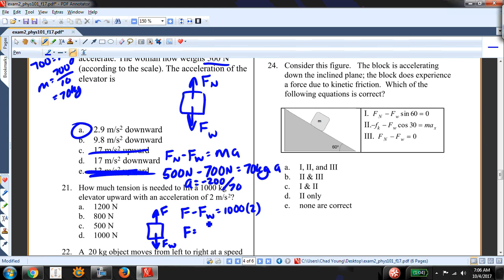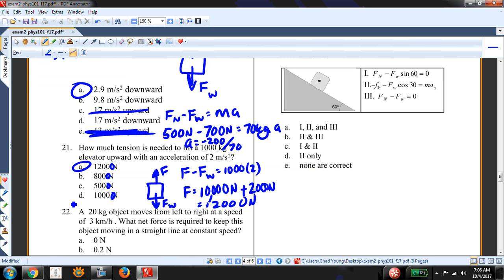So F equals Fw, which is 10,000 newtons, plus 2,000 newtons. That's equal to 12,000 newtons. So let's see, all these need an extra 0 on them. Sorry about that. A is the right answer. I'll fix that for your test.